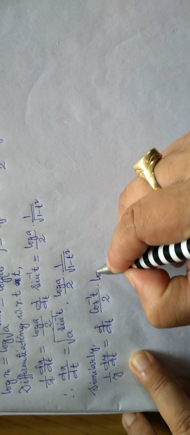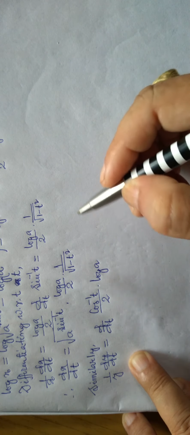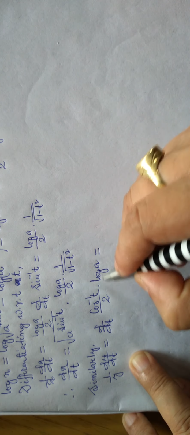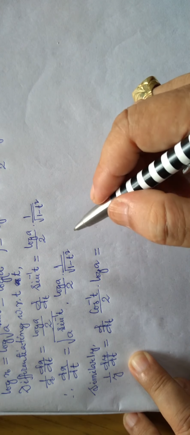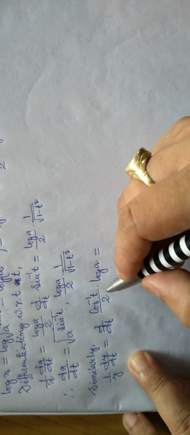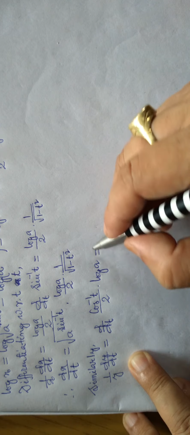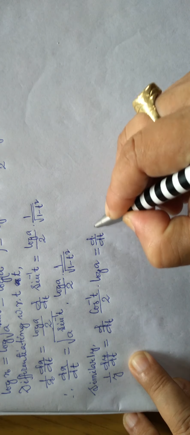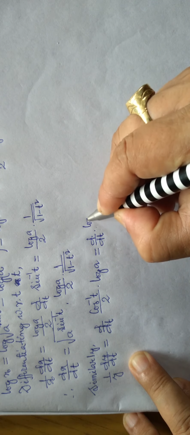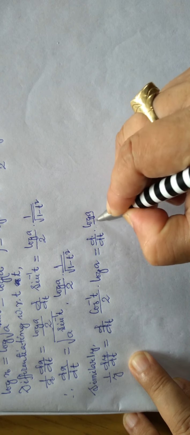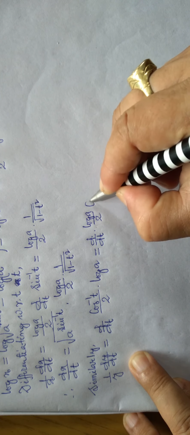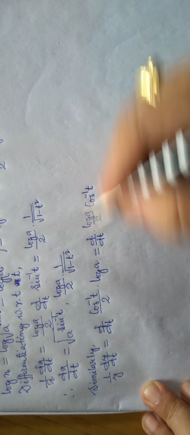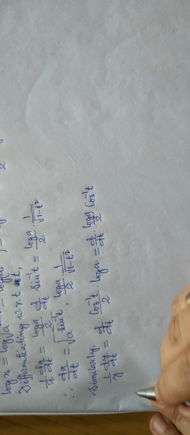Okay, so in short, if we prepare the standard form of this one by writing the constant altogether over here, that is d by dt into logarithm of a divided by 2 and cos inverse t, right? Okay, that one we can prepare over here.